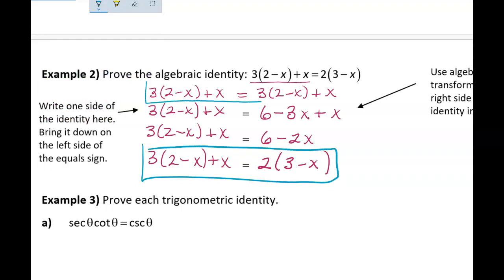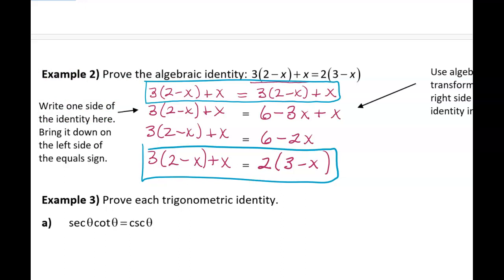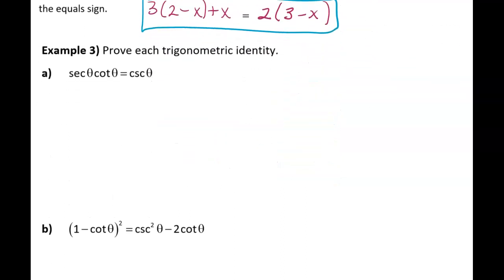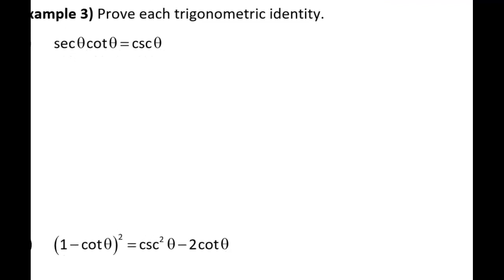And notice that we started up here with an expression equal to itself, which anyone can accept as true. We're going to prove trig identities in much the same way. So here's one that's not too involved.